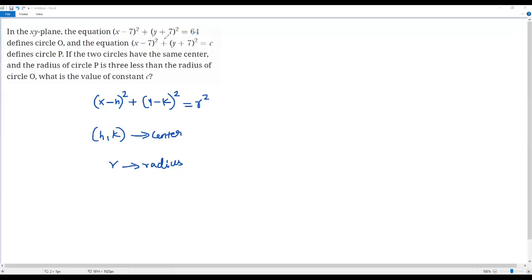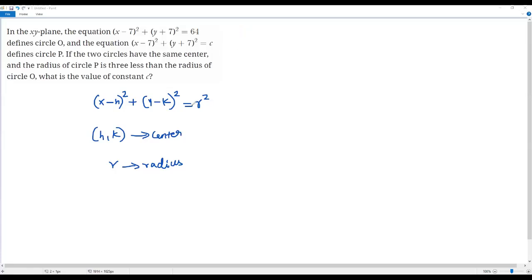In the place of k, we actually have positive 7, which can be written as negative of negative 7. So when I write this y + 7 as y − (−7), in the place of k we have −7. So the center of circle O is (7, −7), and we have the same center for circle P, (7, −7), as said in the question.